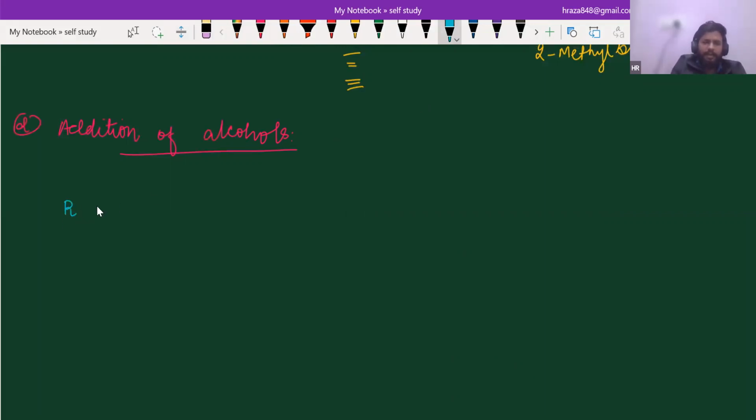Addition of alcohol to aldehyde takes place in the presence of gaseous HCl. So we do R-OH, and you can see this is HCl gas. What will be the product? It's very easy to just write the name of the product.